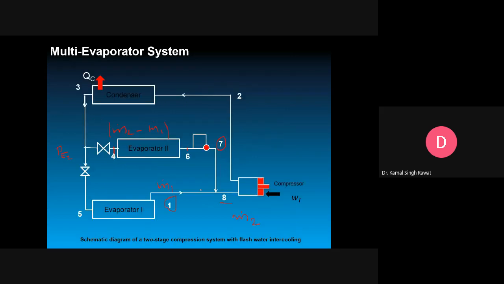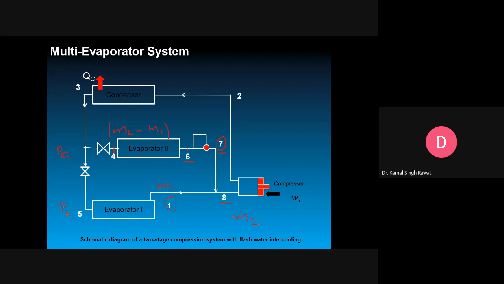So in the process 6 to 7, pressure is dropped from the second evaporator pressure to the first evaporator pressure.